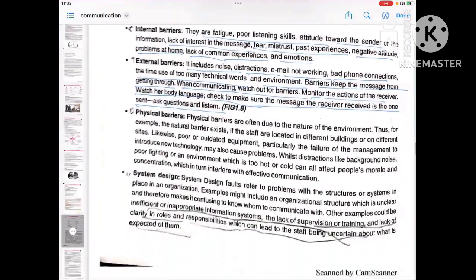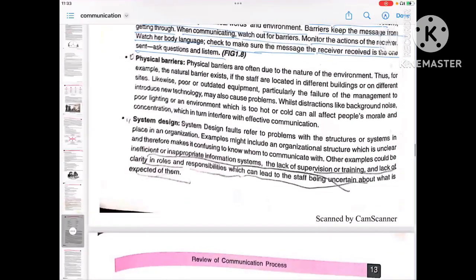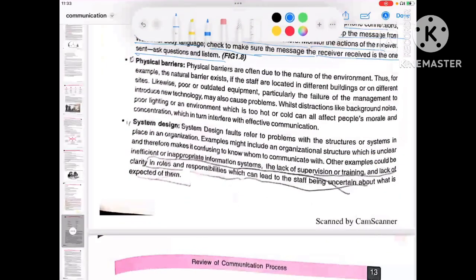Next, let's move to the physical barriers. Physical barriers are often due to the nature of the environment. For example, natural barriers exist if the staff are locked in different buildings or on different sites.